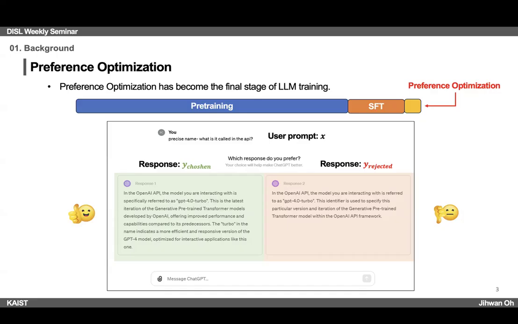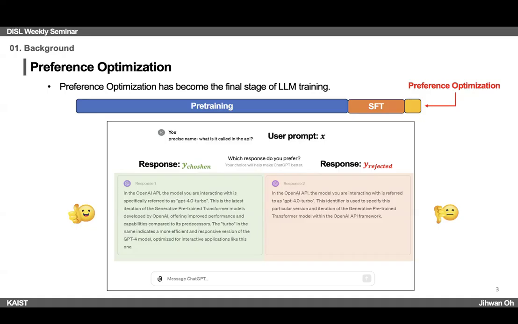And finally, preference optimization aligns the model more closely with human preferences by increasing the likelihood of preferred responses. It requires a very small amount of training cost compared to pre-training.